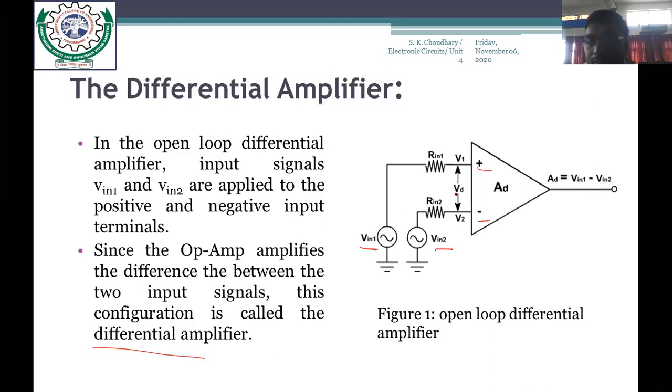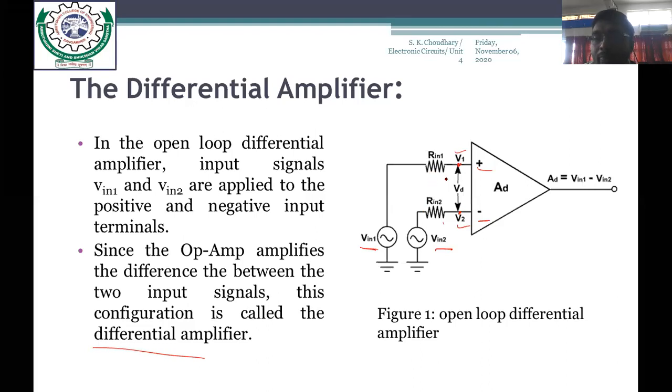You can see here Vd, the difference of these two input signals Vin1 and Vin2. But observe that before the op-amp input terminals, another voltage is indicated, V1 and V2. So we will see whether V1 is the same as Vin1 and V2 is the same as Vin2.